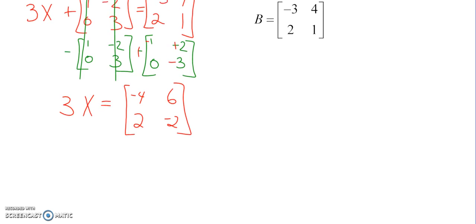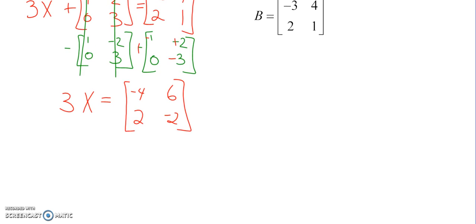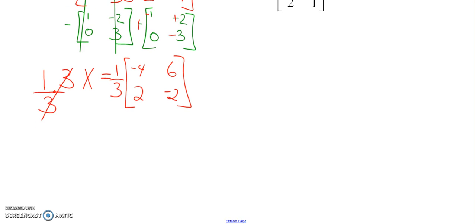And last but not least, to get this matrix by itself, you can think of it as scalar multiplication by 1/3, or as dividing by 3. They're both mathematically equivalent. Matrix X is going to be, all I have to do is scalar multiply this out. Everything gets divided by 3.